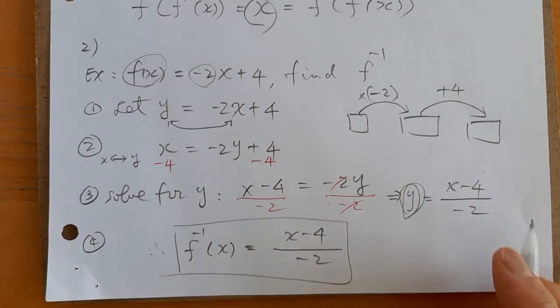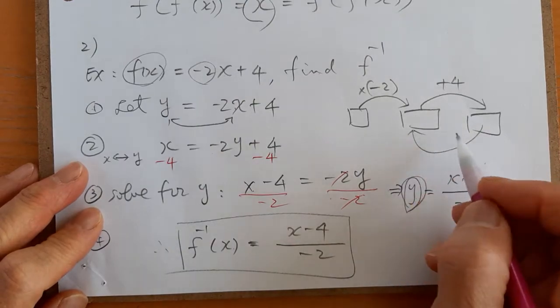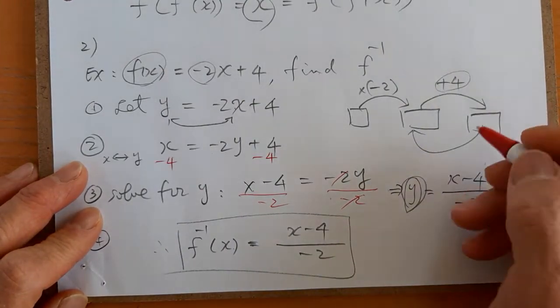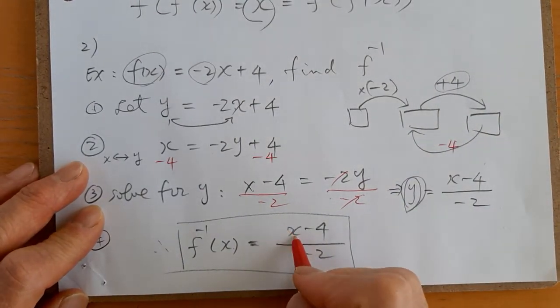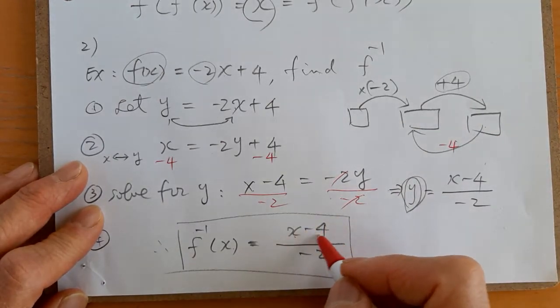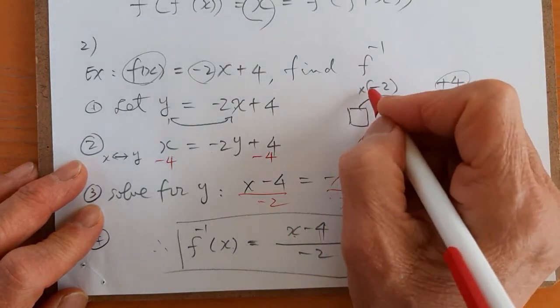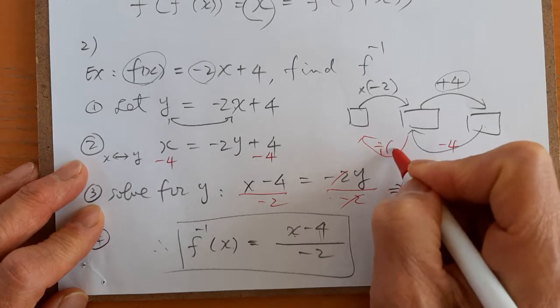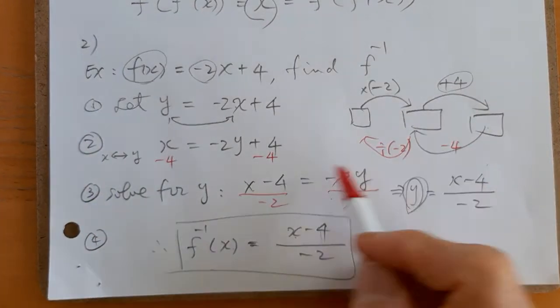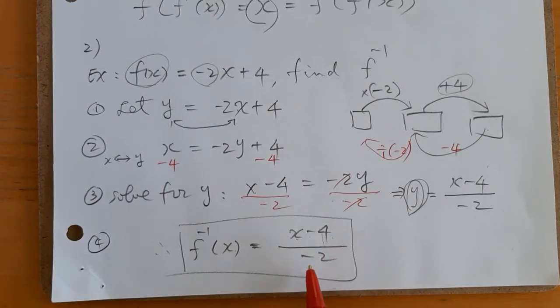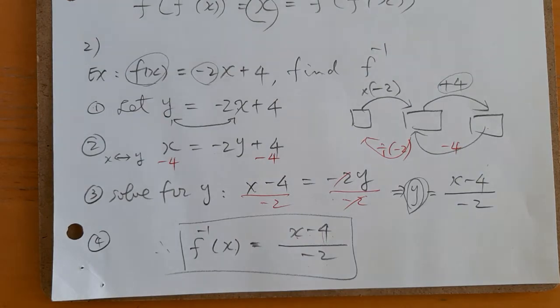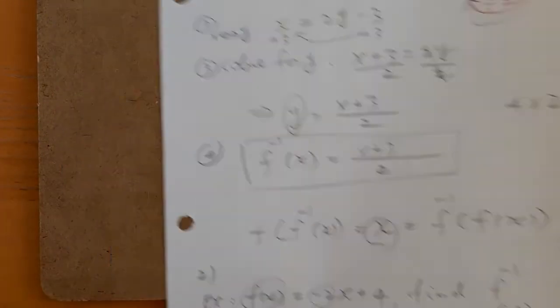Its inverse is to minus 4 first, since here it is add 4. Then here it's multiplied by negative 2, so you divide by negative 2. So the inverse is x minus 4, then divided by negative 2. That's the inverse operation.